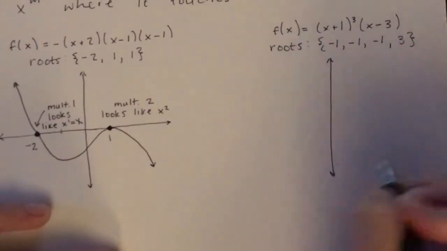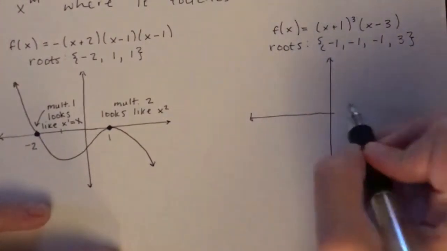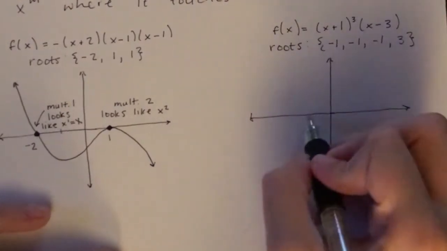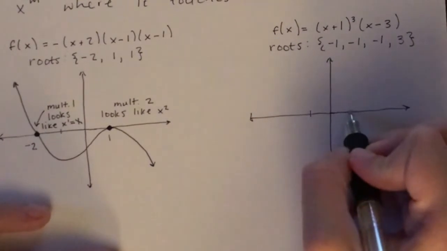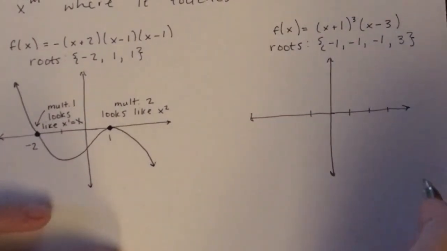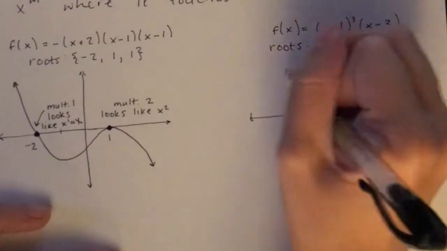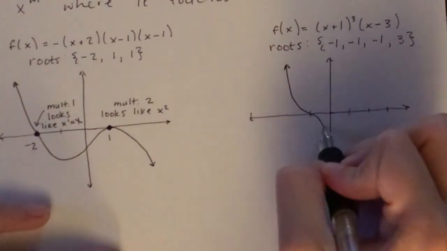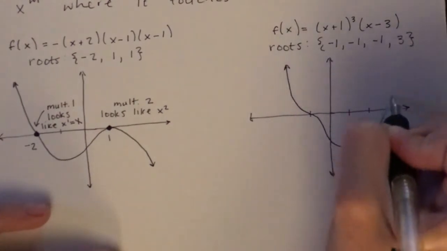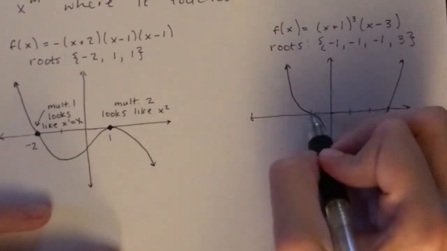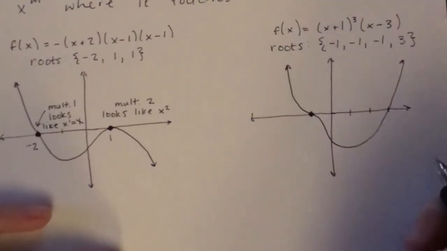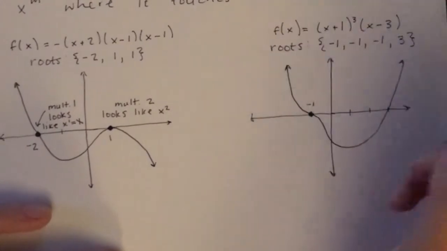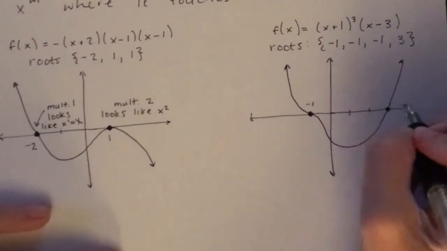So this graph is going to look like we have 1, and then 1, 2, 3. This graph looks like this. We have a root at negative 1. We also have a root at 3.